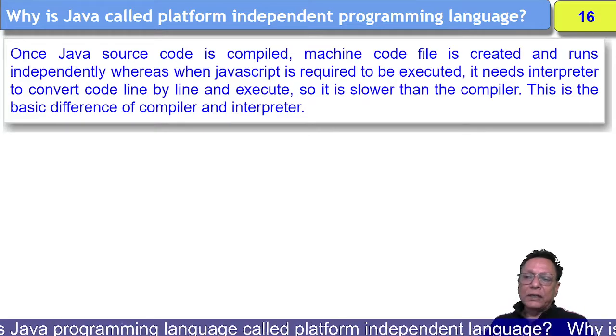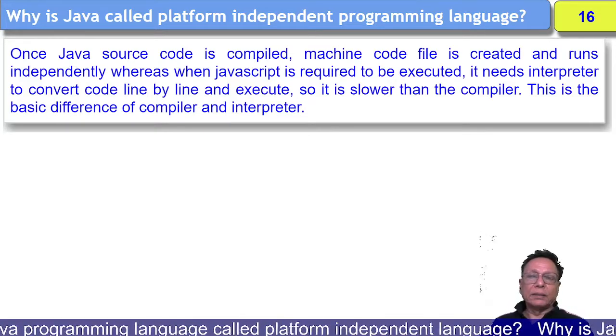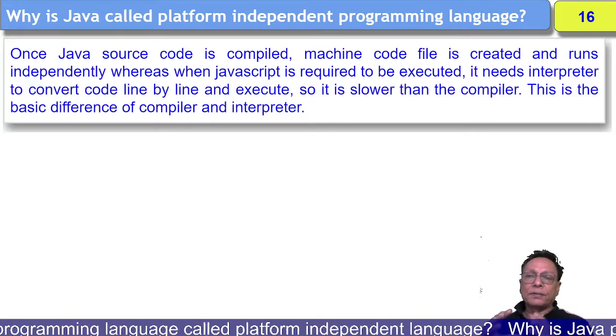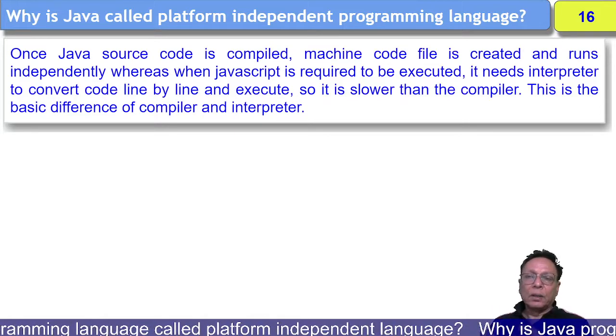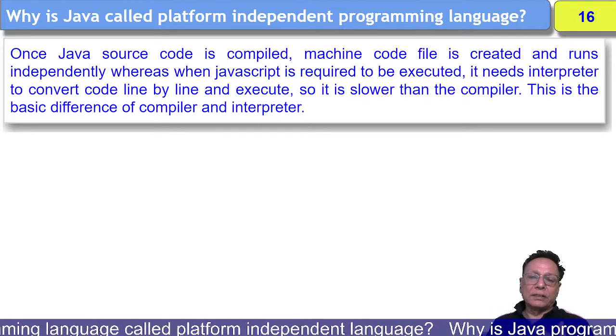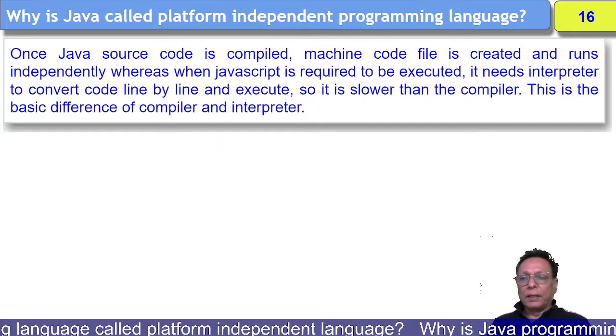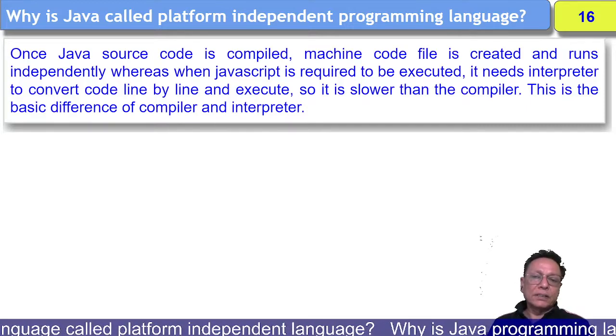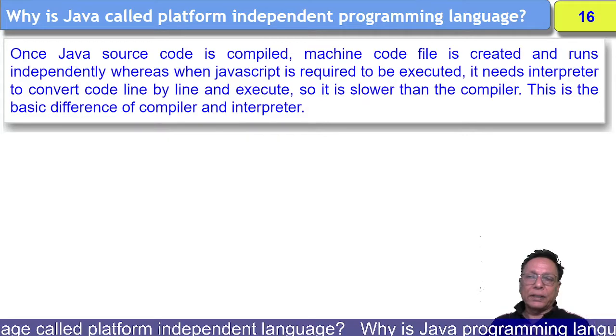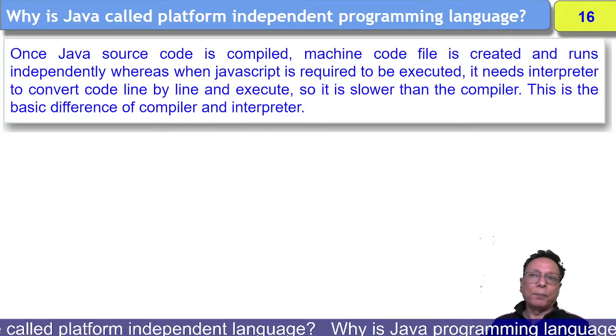This is the basic difference: the interpreter gives the slower result, whereas the compiler gives the faster result. As far as a Java program is concerned, it does not get executed as and when it is compiled.